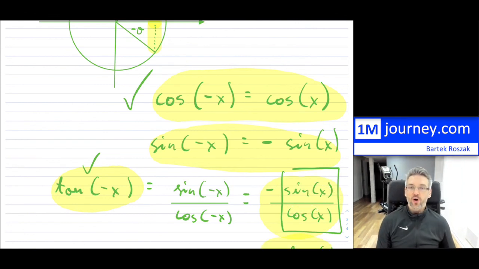Cos is even, sine and tangent are odd, and if you remember those, the reciprocal ones, cosecant, secant, and cotangent, are the same. Secant, because it's 1 over cos, is going to be even, and the other two are odd. So that's part 1 of the equivalent trigonometric functions.